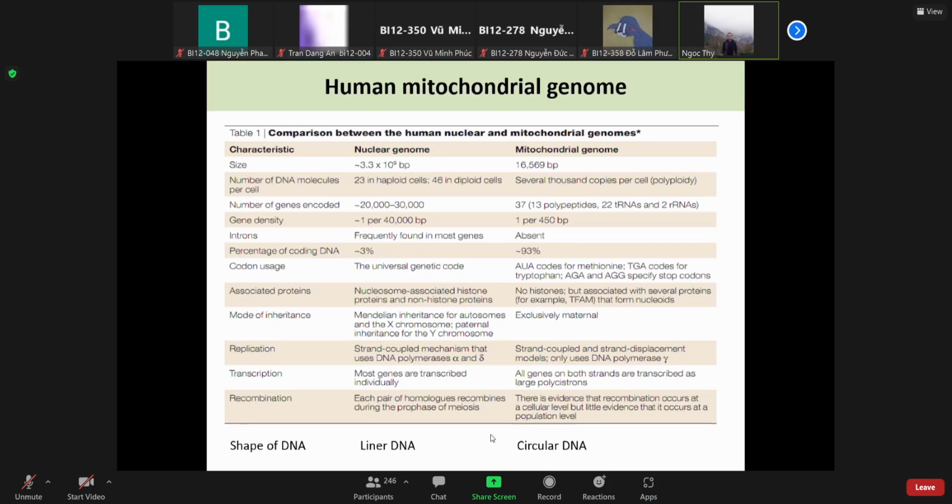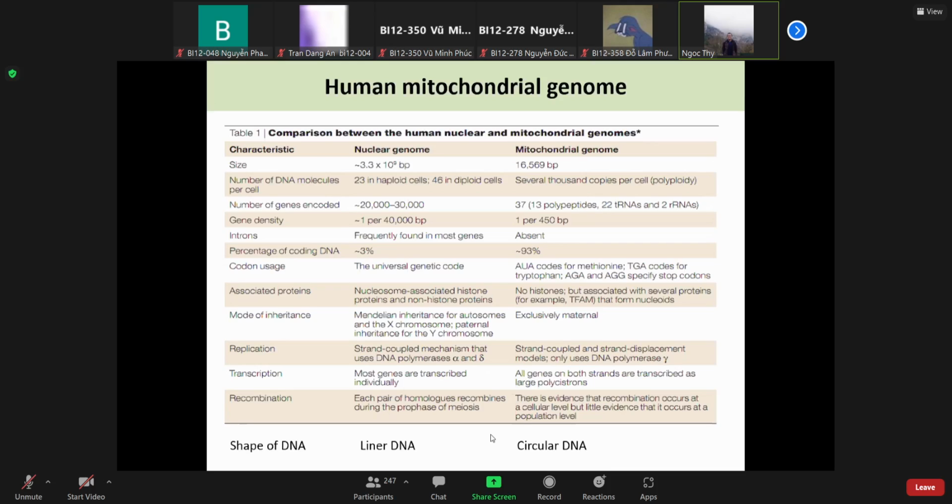The mitochondrial genome will have 37 genes. Among those, only 13 code for proteins. The others, 22 code for tRNA, and 2 code for the subunits of ribosomal RNA.